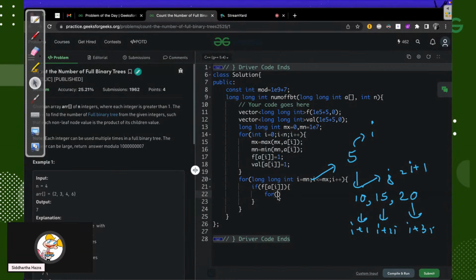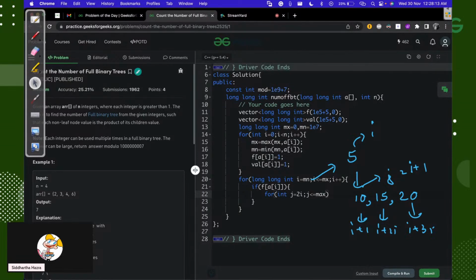So what we would do here is int j equal to 2i, and j less than or equal to the value mx.